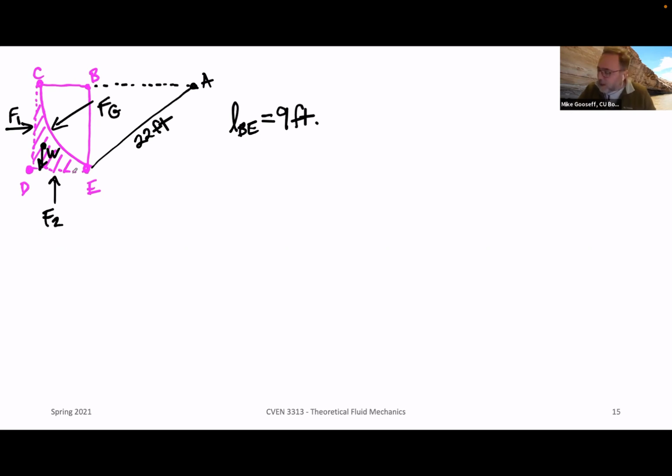All right. By the way, this is some angle that we can write in as theta. It's unknown, but of course we can find it because this length is 9 feet and this is 22. So maybe the first thing I'll do is just solve for theta. The sine of theta is equal to 9 feet, of course, it's a ratio, so it comes out to be no units, divided by 22 feet.